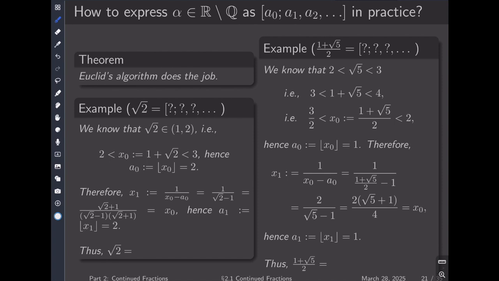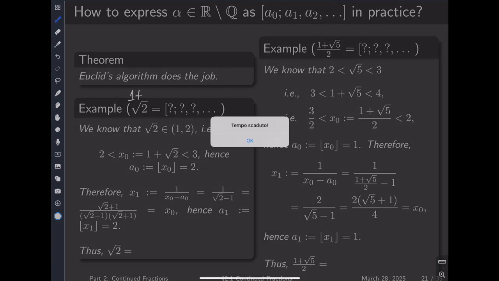But I don't know why you're taking 1 plus square root of 2. I think it should just be root of 2.